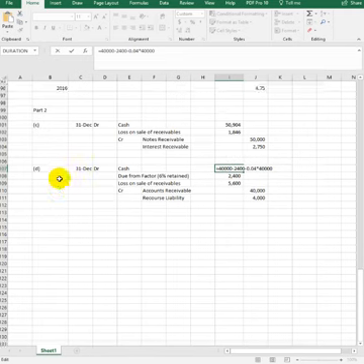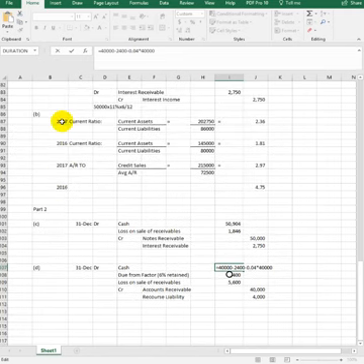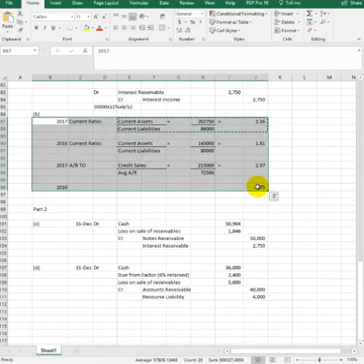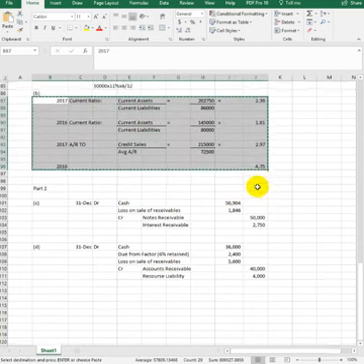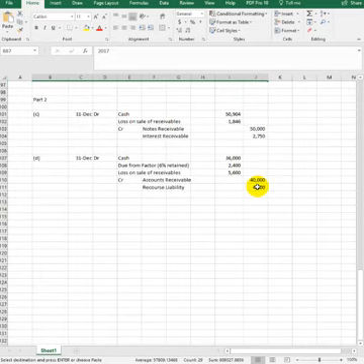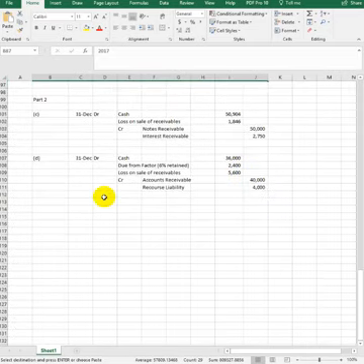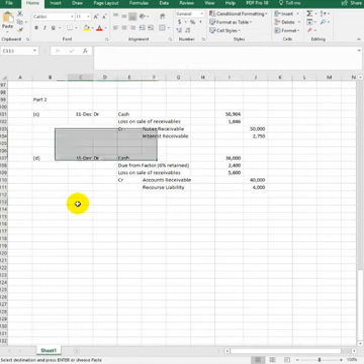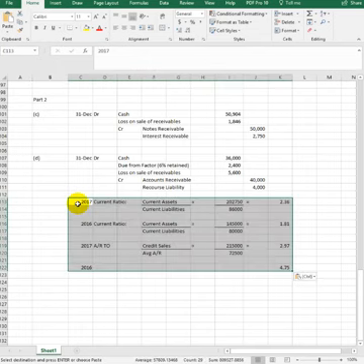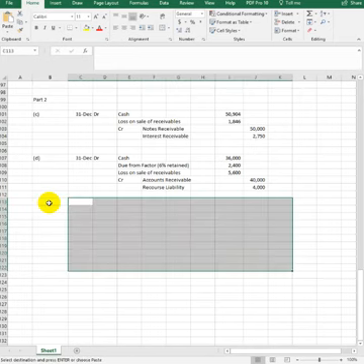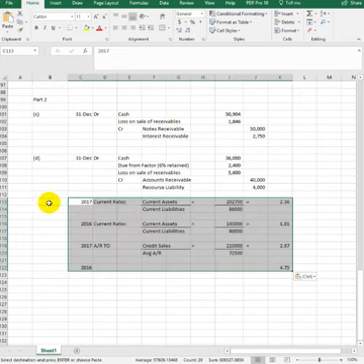So once again, we need to go up here. So let's grab all of those, copy, and pull them down here. I think that's how it works. Okay, then we have, oops, no, don't do that.